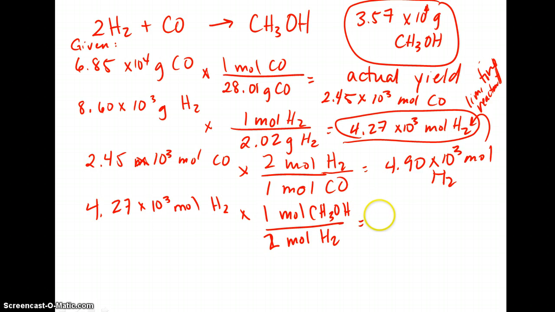That works out to be 2.14 times 10 to the third moles of CH3OH. The next question is, how many grams does that work out to be? The last calculation is making those moles into grams.